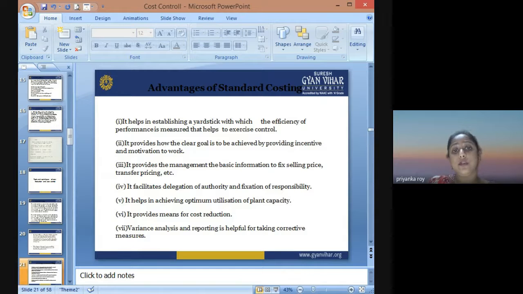It provides management basic information to fix selling price and transfer pricing, etc. It facilitates delegation of authority and fixation of responsibility. It helps in achieving optimum utilization of plant capacity, or the industry's capacity. It provides a means of cost reduction. Variance analysis and reporting is helpful for taking corrective measures in these areas.